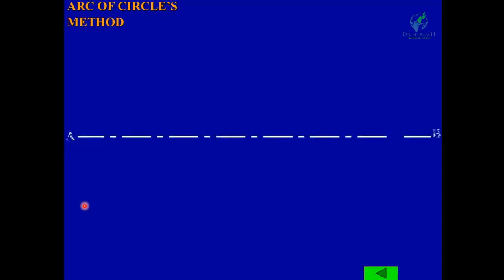So first of all, you have to draw a major axis AB of 100 mm length, and from the midpoint of this major axis, draw a line perpendicular to AB of length 70 mm, CD. So CD is the minor axis.